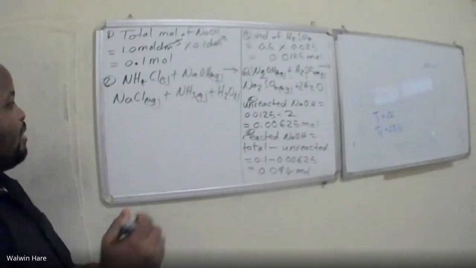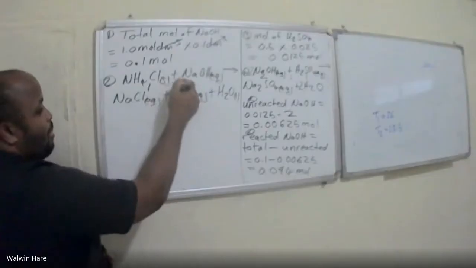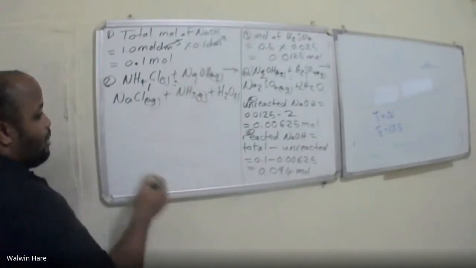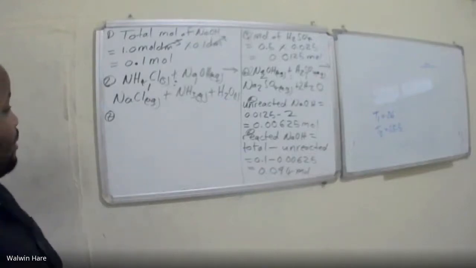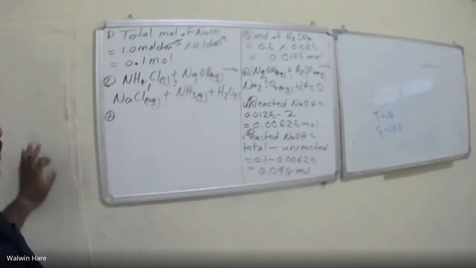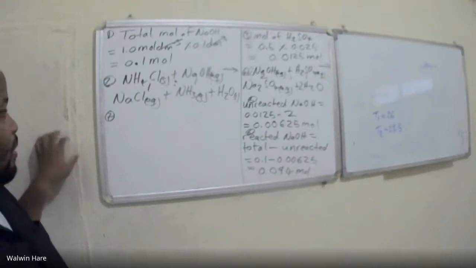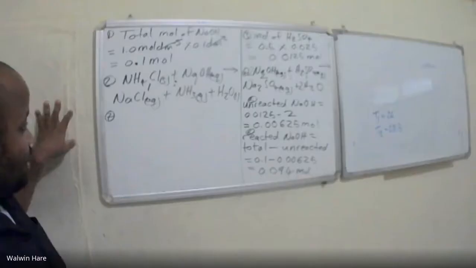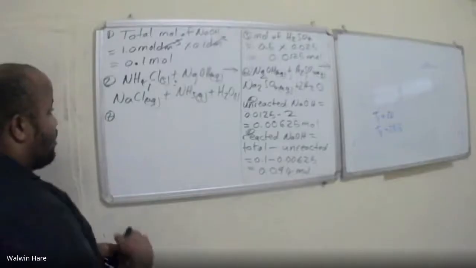So you're not gonna find a mole ratio. Right? So 1 mole of ammonium chloride reacts with 1 mole of sodium hydroxide. So that means that it's gonna be the same as over there. Since it's a 1-to-1 ratio, they're gonna be 0.094.